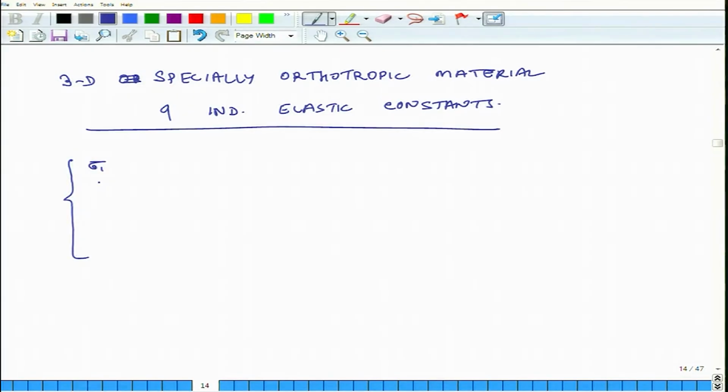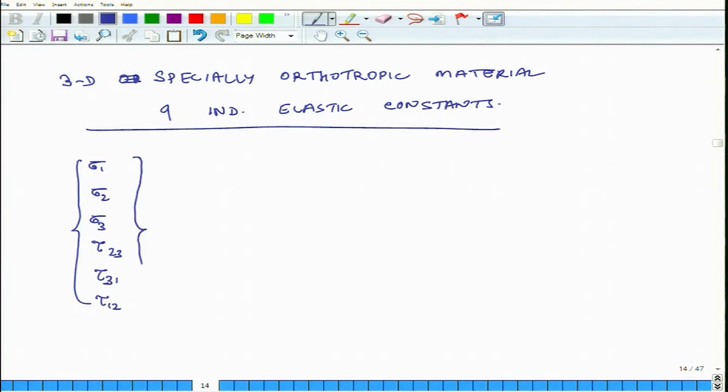Sigma 1 means sigma 1 1, sigma 2, sigma 3, tau 2 3, and here again remember I am not writing sigma 2 3, I am writing explicitly tau 2 3, tau 3 1 and tau 1 2.